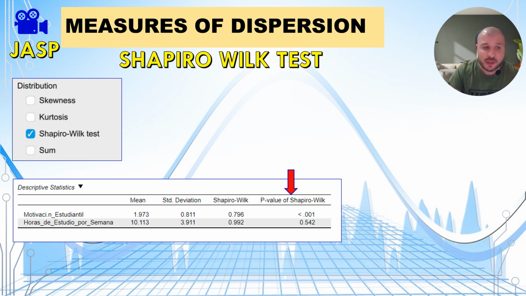So the p-value here indicates that yes, it is not normally distributed. But in the case of study hours per week, if you check the p-value, it is not significant, so it means that the data are normally distributed. This has a lot of consequences in future inferential statistical procedures, because if the data is not normally distributed, we may opt for a different statistical test. This is important, and mark my words, we're going to talk about that in future videos.